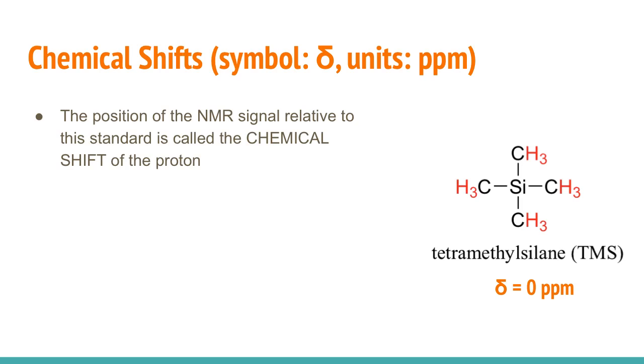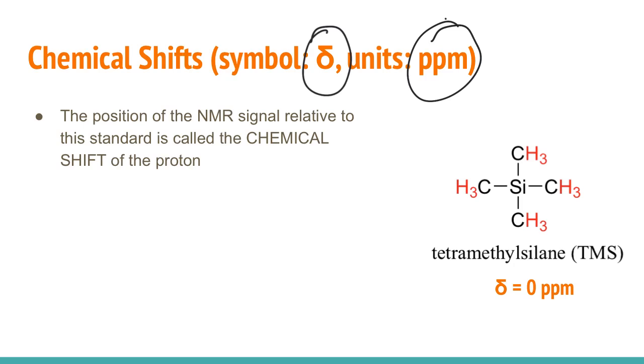The position of the NMR signal relative to a standard, and we'll talk about the standard in a little bit, is recorded as something called a chemical shift. It's given as this lowercase Greek delta letter, and it's measured in parts per million.